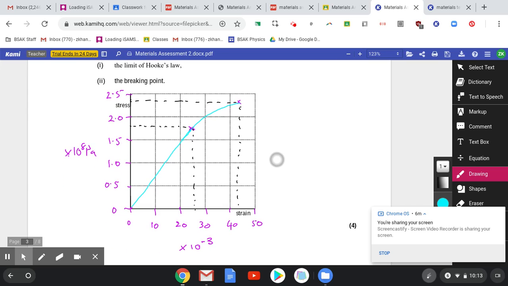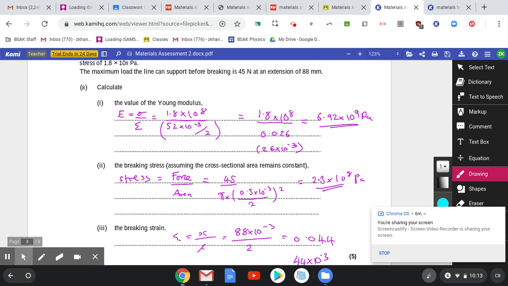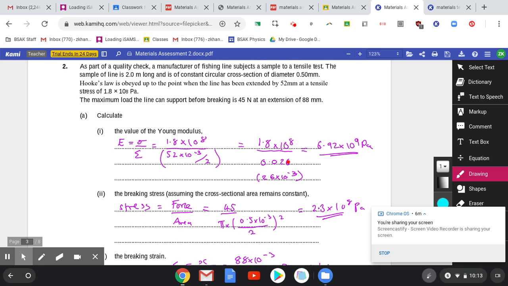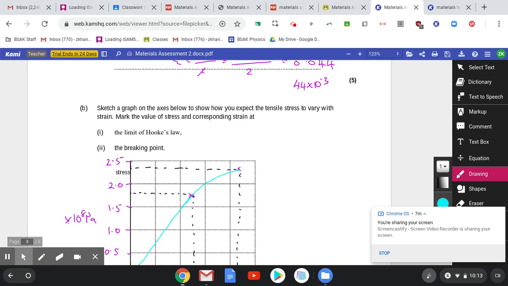Now, what's the strain when the point up to which Hooke's law is obeyed is reached? Well, we work that out here. Okay, so we used a stress up to where Hooke's law was obeyed, and we knew it was 52 millimeters for when that was happening. So we worked out the strain there, and I've put the value here, and that's 26 times 10 to the minus 3.